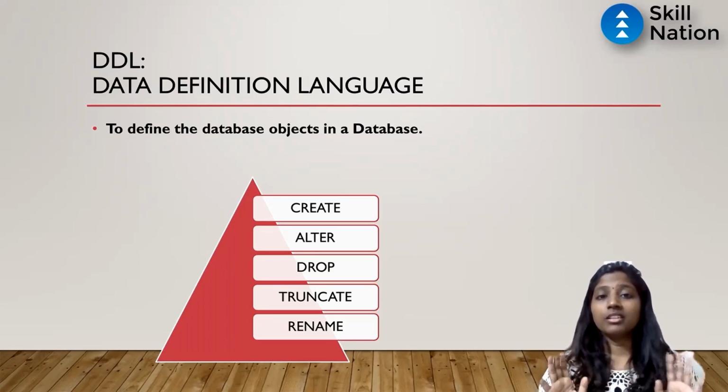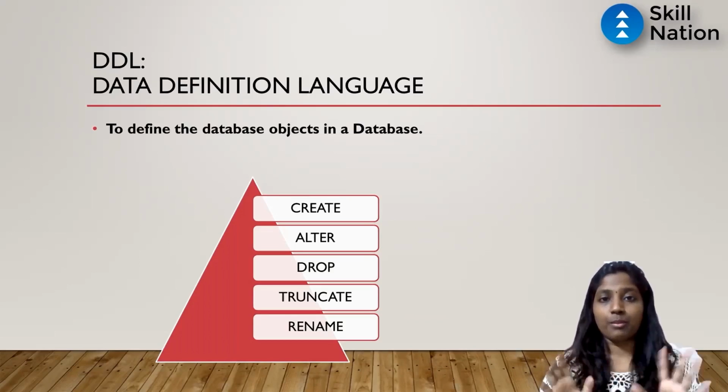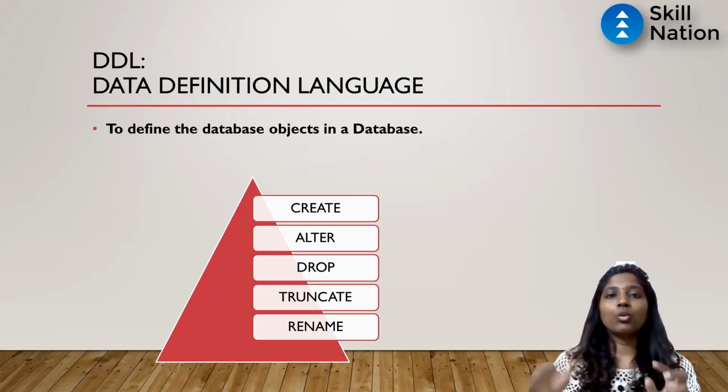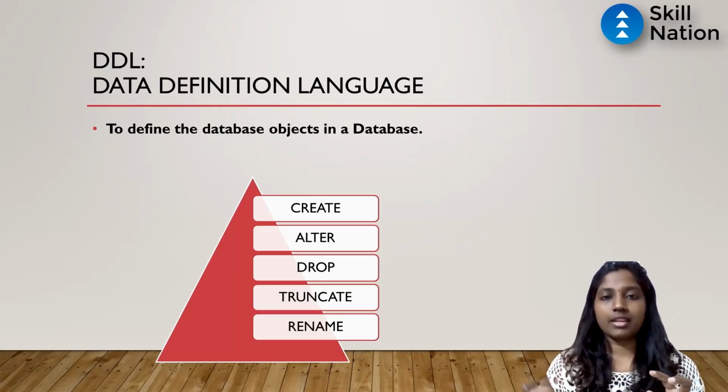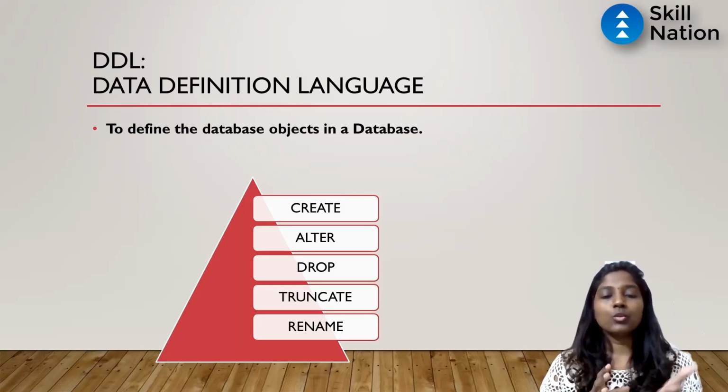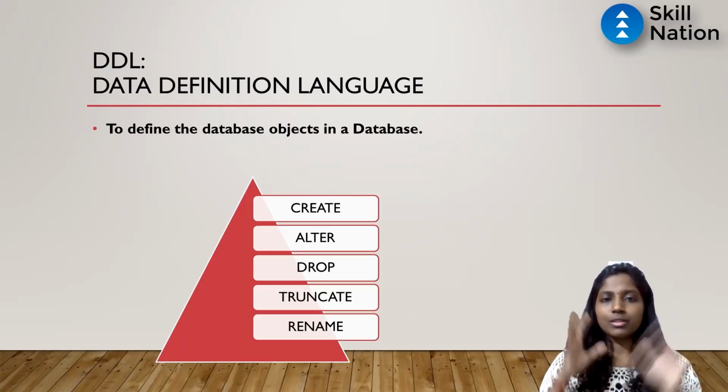And if you don't want the table at all, you want to just drop it, then you go for drop table. What do you mean by truncate? You want to have a blueprint, but you don't want any of it inside. That means you want to keep the structure of the table and you don't want any data inside the table, then you use truncate. This is also at the object level.